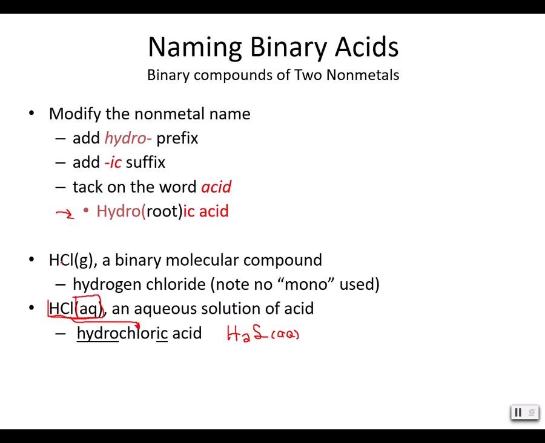I like this HCl example because it illustrates what I'm talking about. Let's say I was to give you HCl gaseous. I see the hydrogen here, but it's not aqueous, it's gaseous. So I am not going to name this as an acid. I am going to name it as a binary molecular compound, which would just be hydrogen chloride.